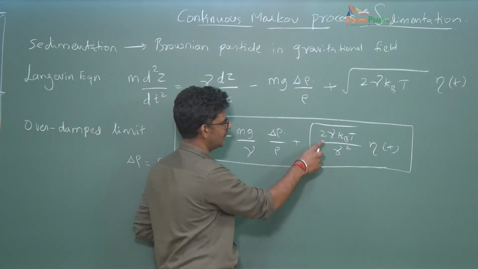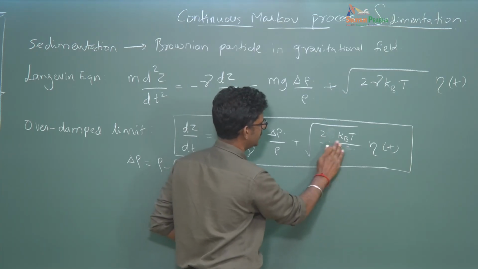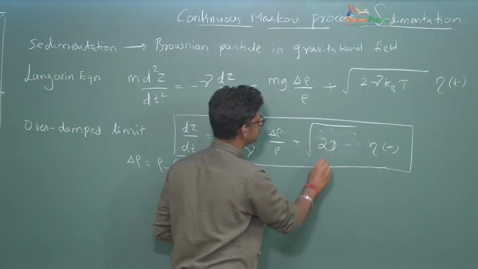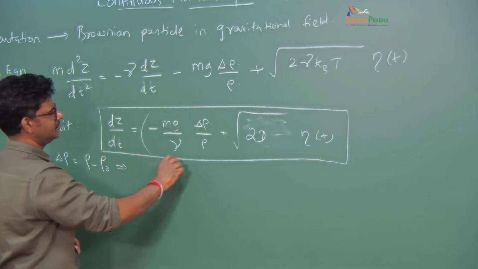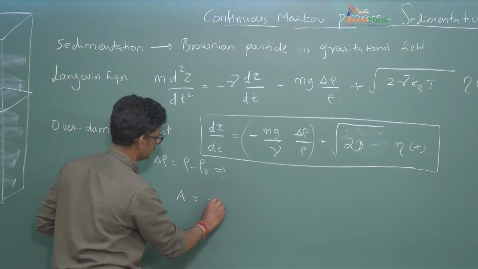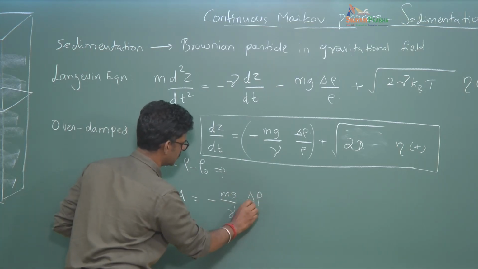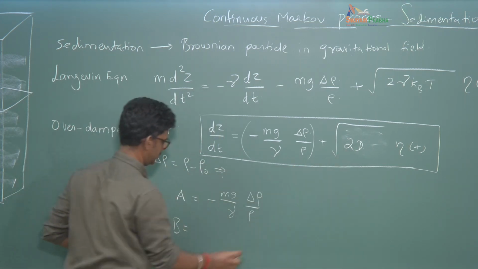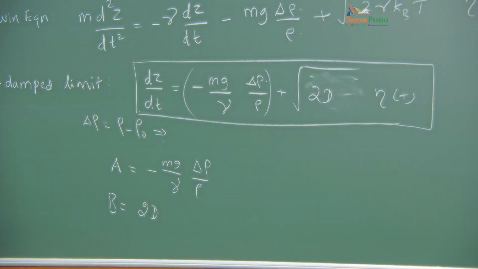By the way, here you will have 2 kBT by gamma, which is nothing but D, so you get 2D here. So this term is A, and B is the one within the square root, which is 2D.